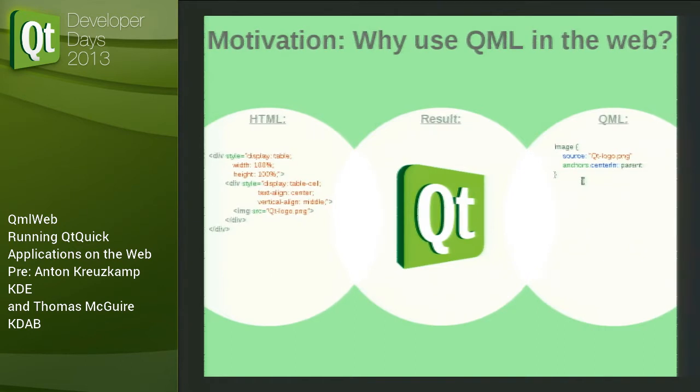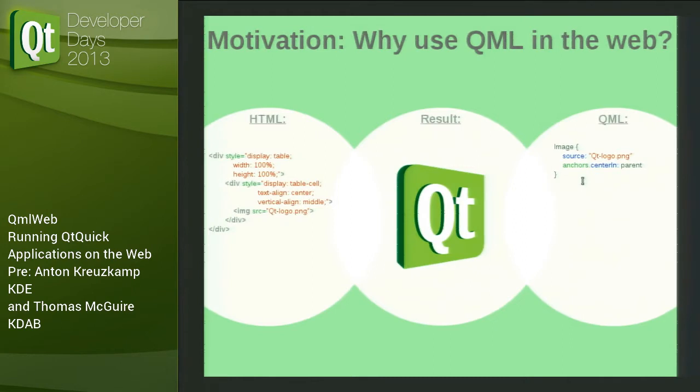In this example, it's about layouting. We have an image of the Qt logo, and we want it to be centered inside its parent, inside the circle. So in QML, we have an image, set the source, and say anchors.centerIn: parent. It's one line.